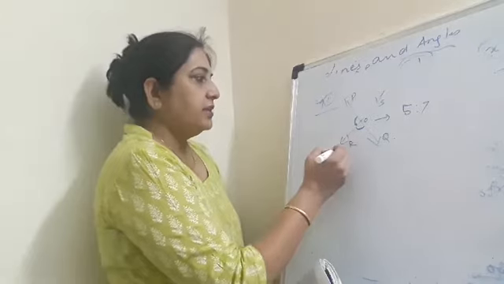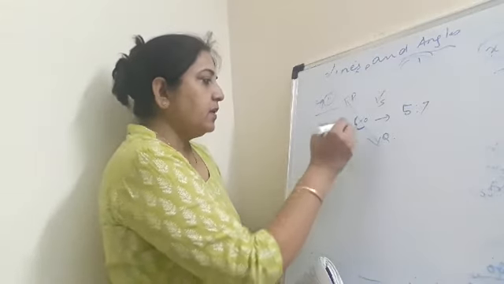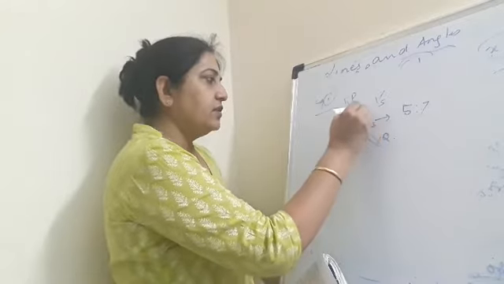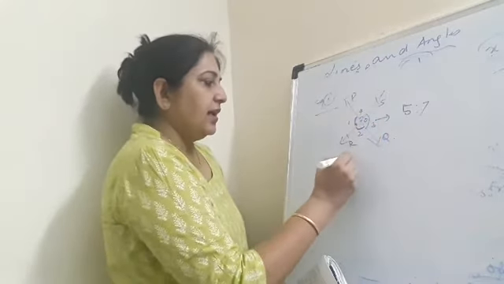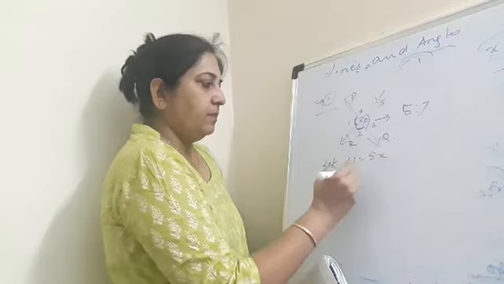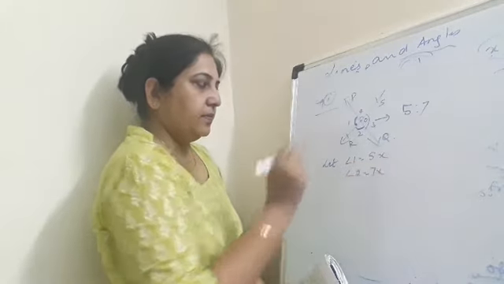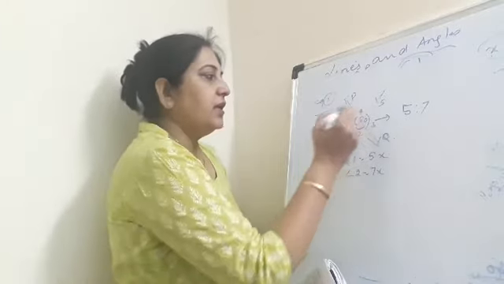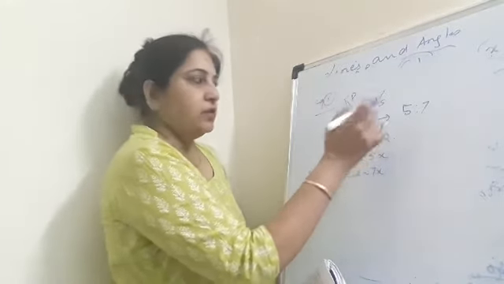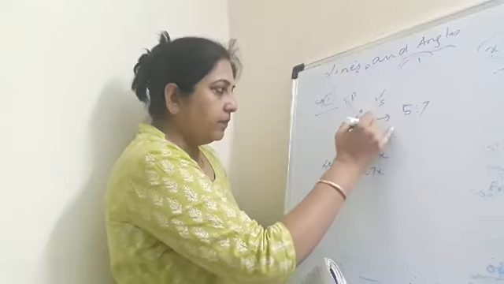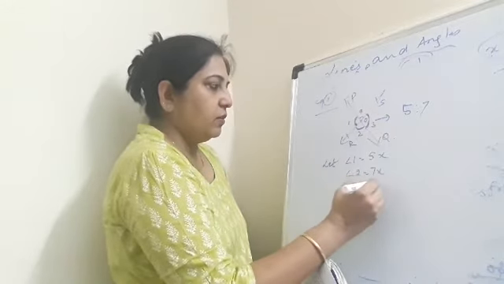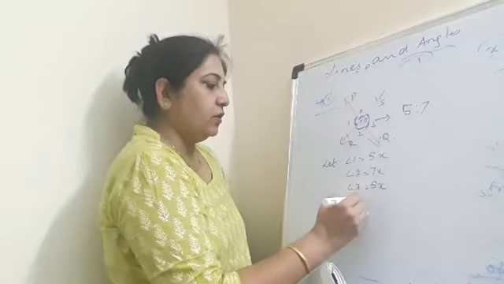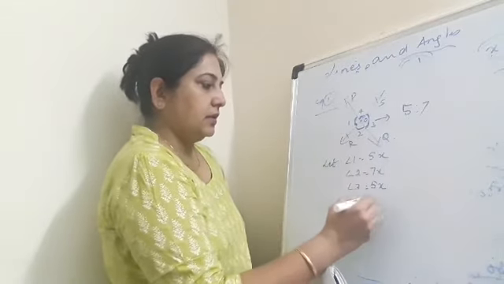So let us take this as 1, 2, this as 3, and this as 4. Let angle 1 be 5x, angle 2 be 7x. We can directly do this, see, these are vertically opposite angles. So angle 3 will be 5x, and angle 4 will be equal to 7x.